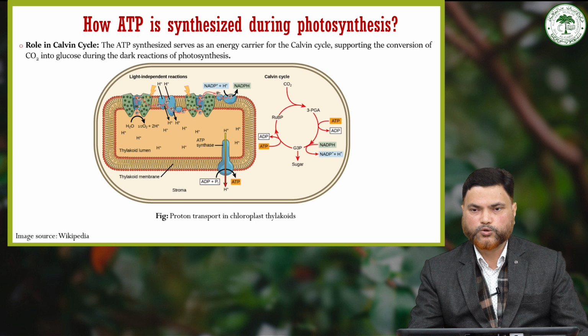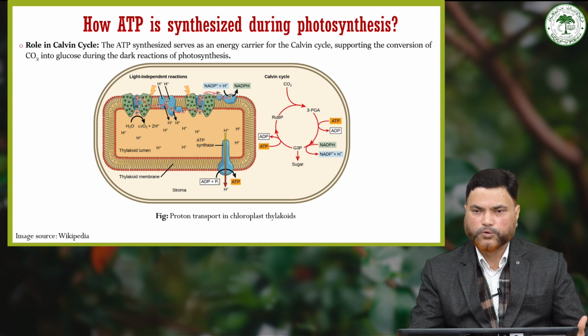it is very special to mention that chloroplast ATP synthase harnesses the energy of the proton gradient to catalyze the synthesis of ATP from adenosine diphosphate and inorganic phosphate. This process is known as chemiosmosis, which basically involves the flow of protons through the ATP synthase complex, driving the rotation of a rotor subunit within the complex.